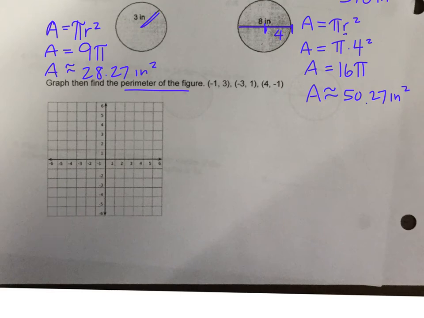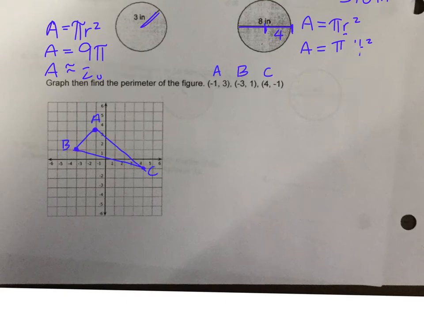But it's not going to be so easy with this triangle. So first I'm going to graph these points and make a triangle. So I graphed that triangle, and I also gave each point the letters A, B, and C because it'll be easier to figure out. None of the sides of that triangle are on any of these straight lines on the graph. It's like it's twisted.